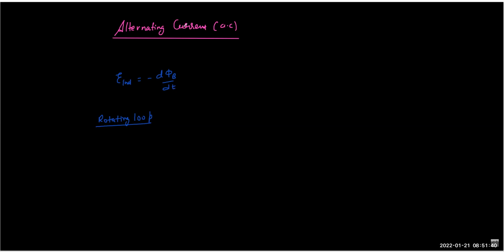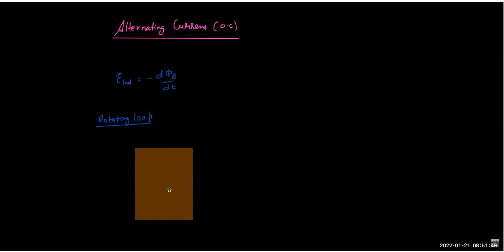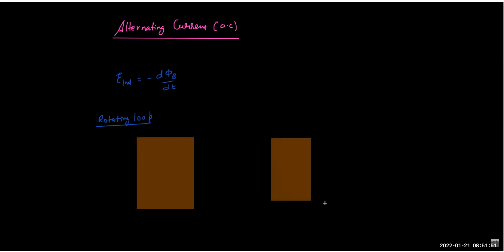So we choose some north pole and some south pole, and between the north and the south we create the uniform magnetic field, and in this field we place the loop.